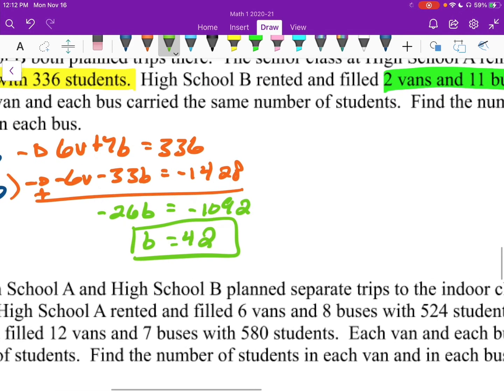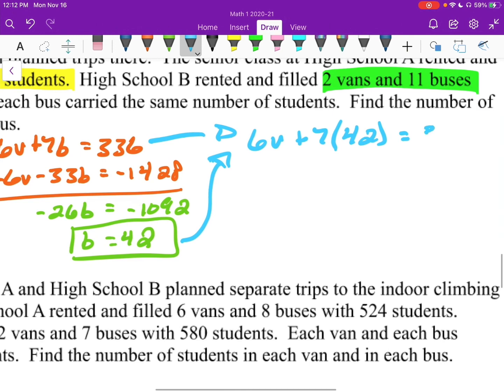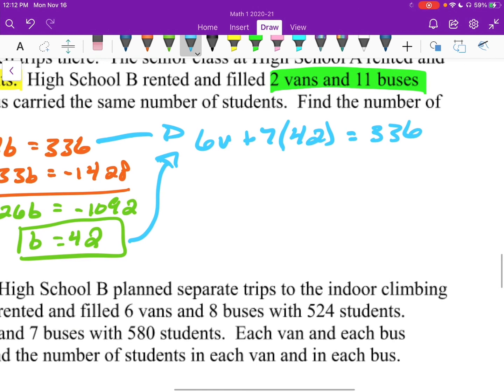All right, let's continue this guy and plug them in to see how many ride in a van. So I'm going to have 6 vans plus 7 buses, and a bus is 42 people, equals 336. So 6 vans plus, well, 7 times 42 is 294, is 336.